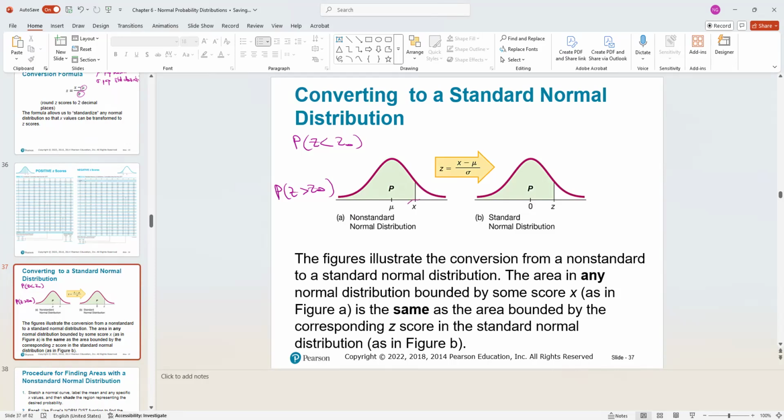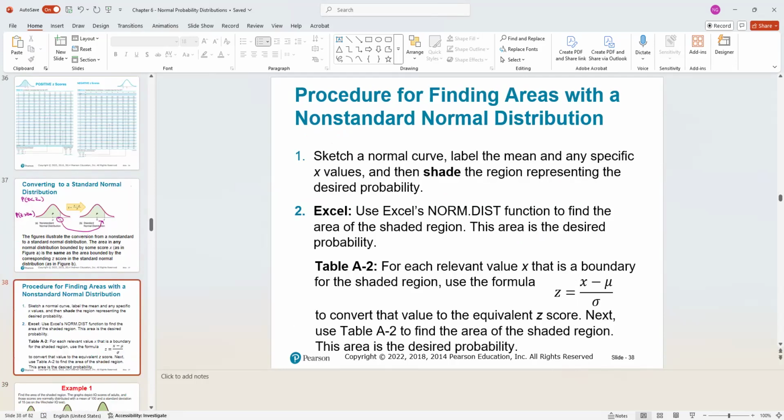Remember, this is x here. Then you can convert it to z. So once you know the z, the area in any normal distribution bounded by some x is the same as the area bounded by the corresponding z-score in the standard normal distribution, right? Very important.